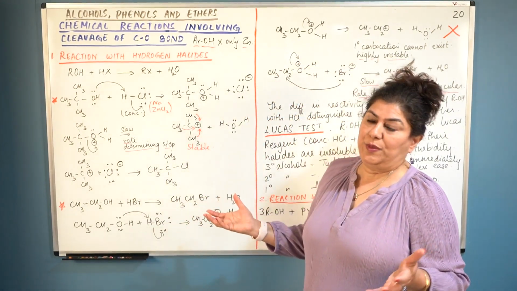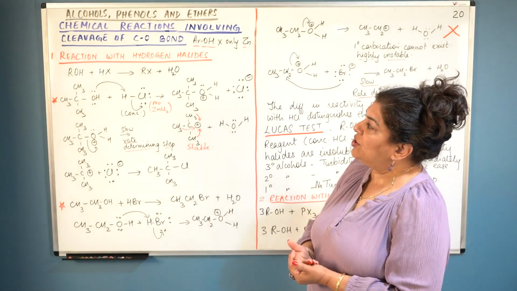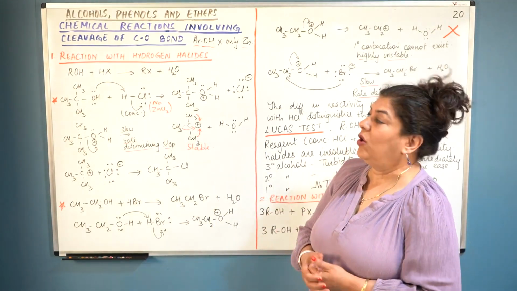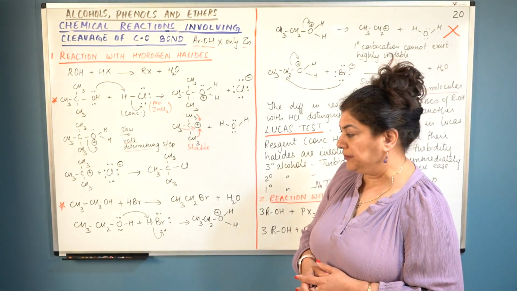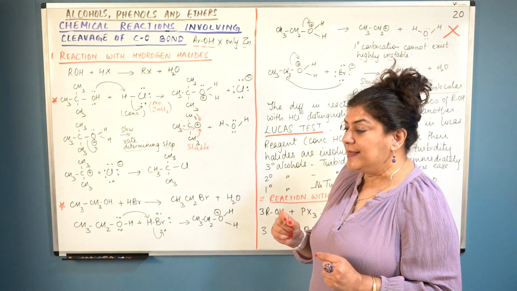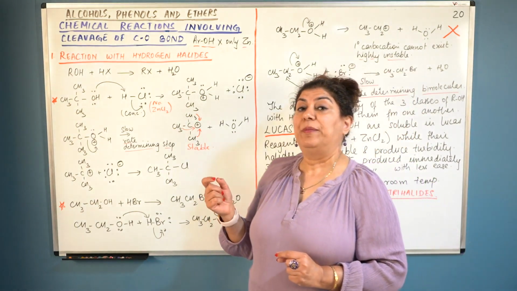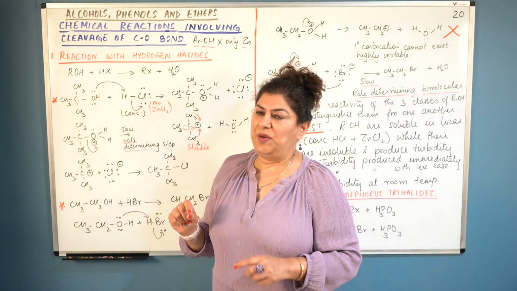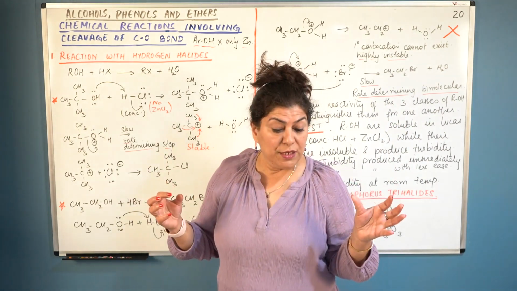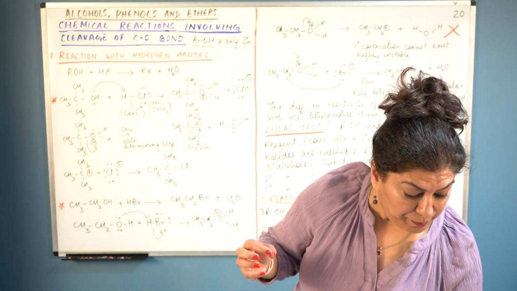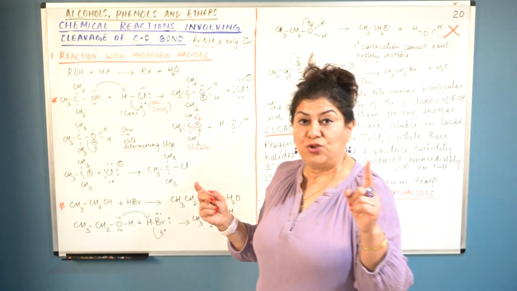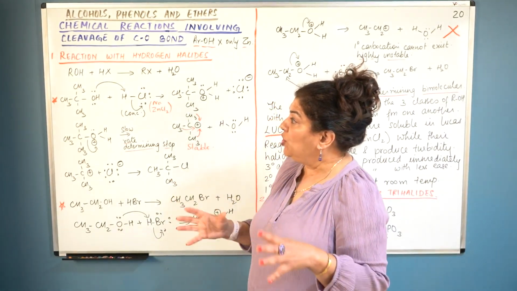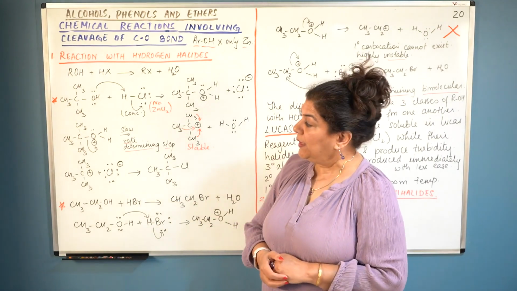So let us start with our explanation of the reaction of alcohols with hydrogen halides. This is something that you have already done in chapter 10. A little bit has been explained, but we are going to expand on it. In chapter 10, on page number 286 of your NCERT textbook, you will find this reaction.